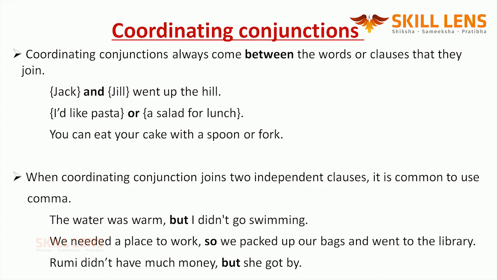So we have used the coordinating conjunction so to get these two clauses together. Rumi didn't have much money, but she got by. Okay, so here we have used the coordinating conjunction but to get the two independent clauses together.